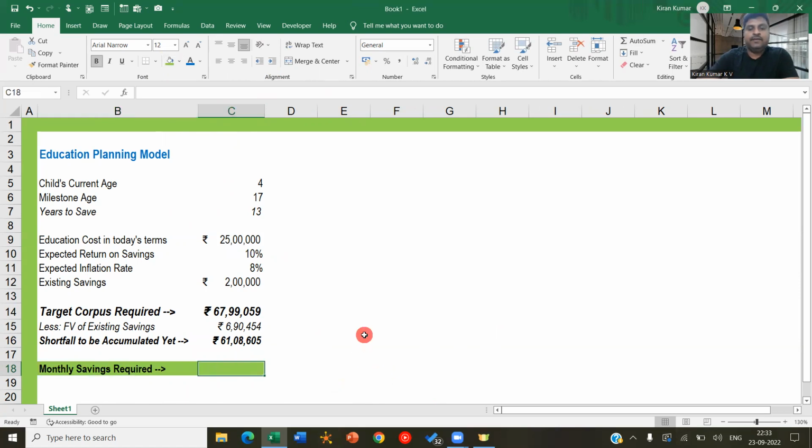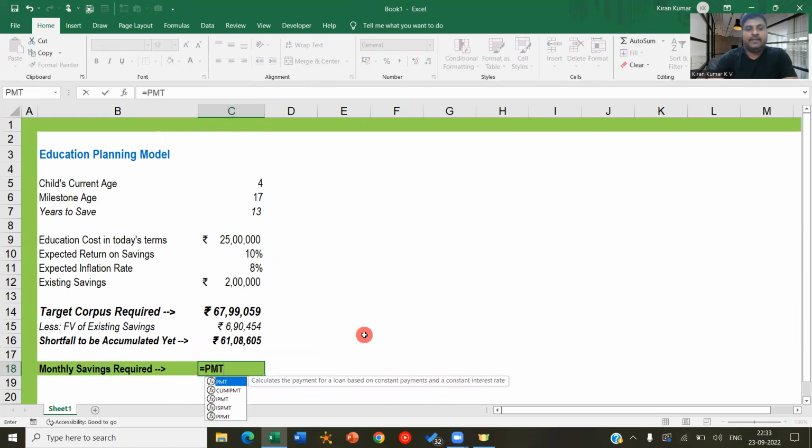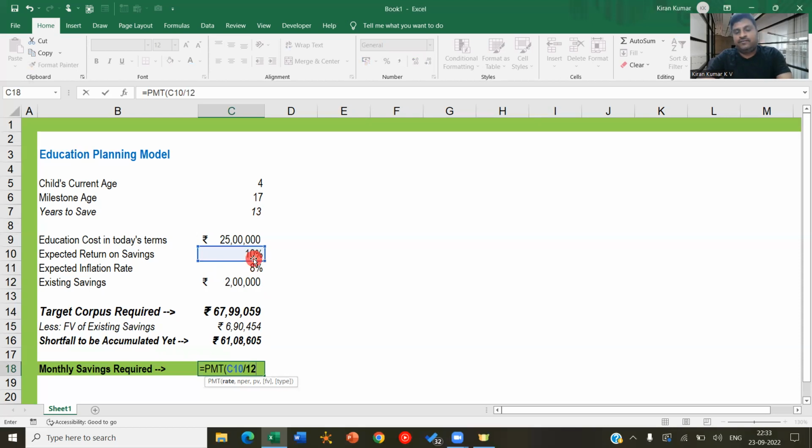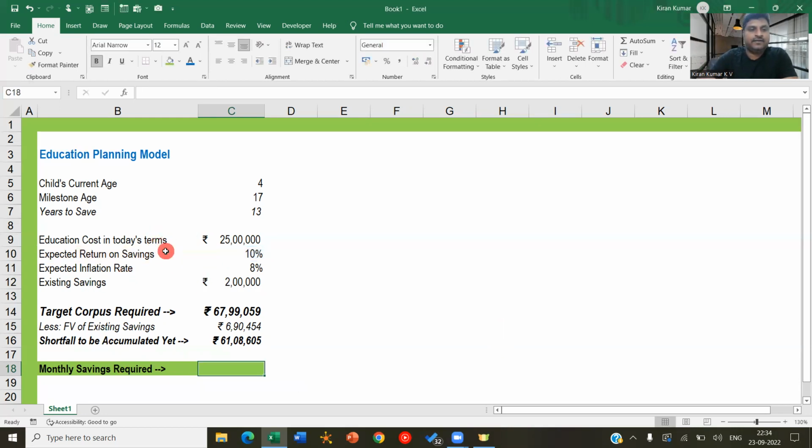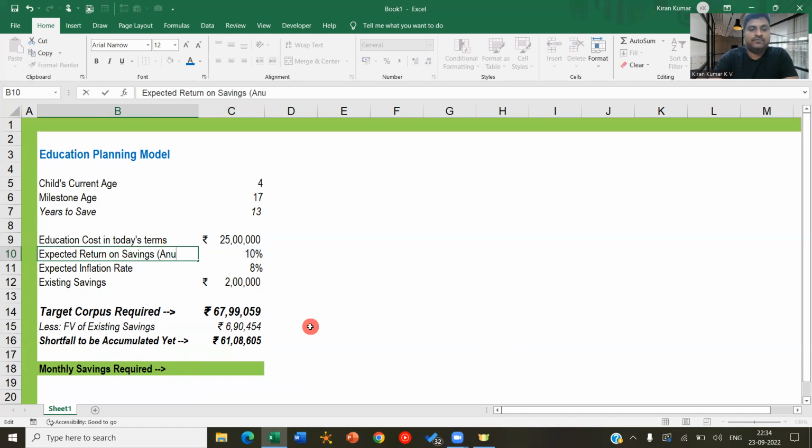let's say I will use a function called PMT. PMT will calculate the monthly savings, the annuity cash flow. All right, the rate, because it is monthly, the return that I can earn would be 10% divided by 12. Why 12? Because 10% is a yearly rate, correct? Maybe we have not mentioned it. Maybe I'll mention it here so that there is no confusion.